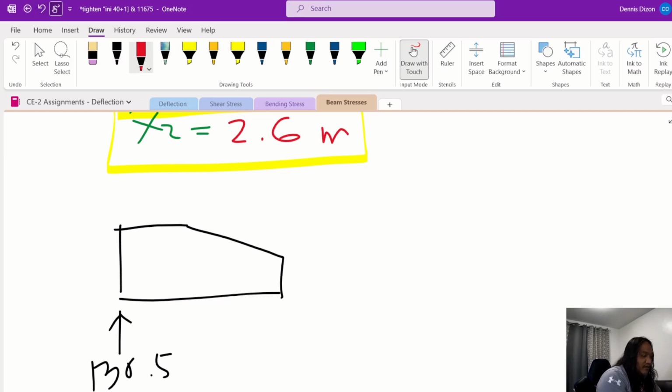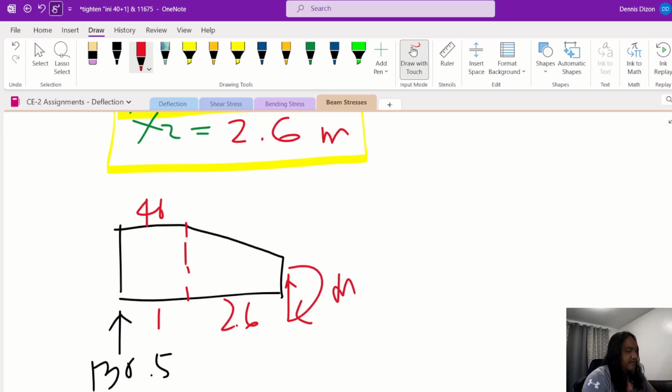So this is 2.6, and this is 1, and this is your shear, and then your moment. So this is 40, and then this one we have 4x, right? The equation is 4x, so 40 minus 4 times 2.6, we have the value here is 29.6, right? 29.6.